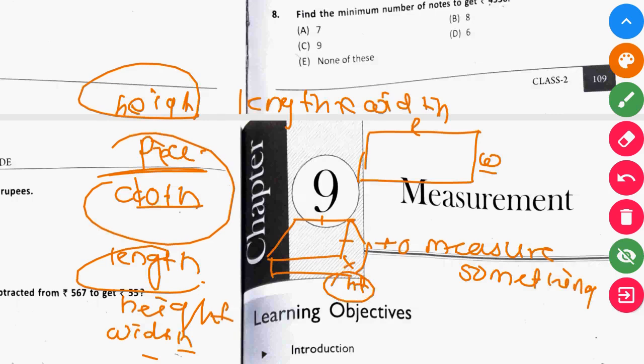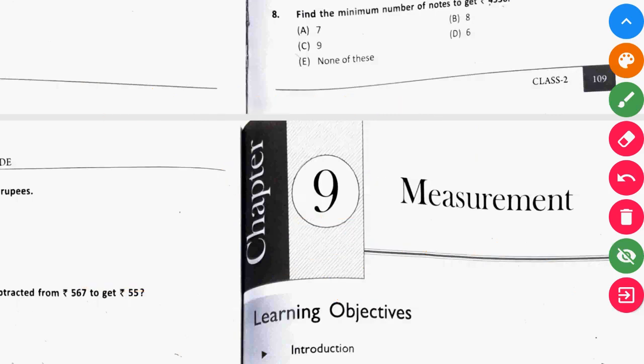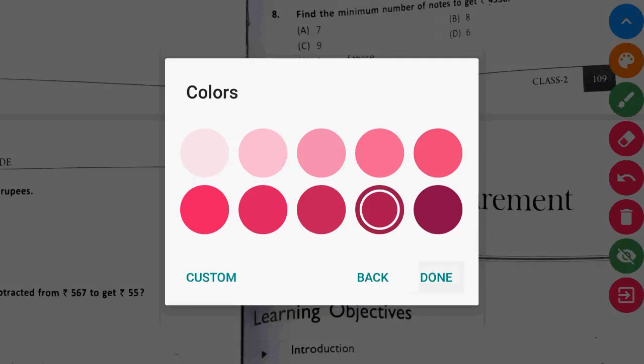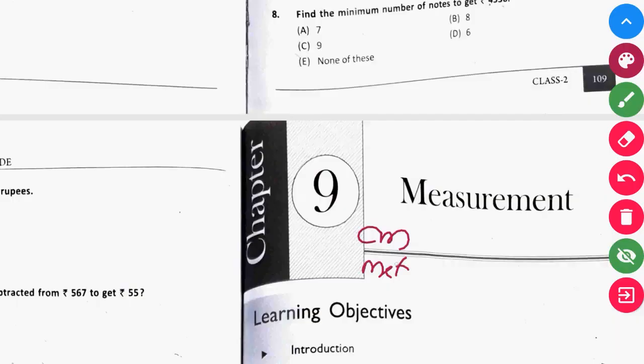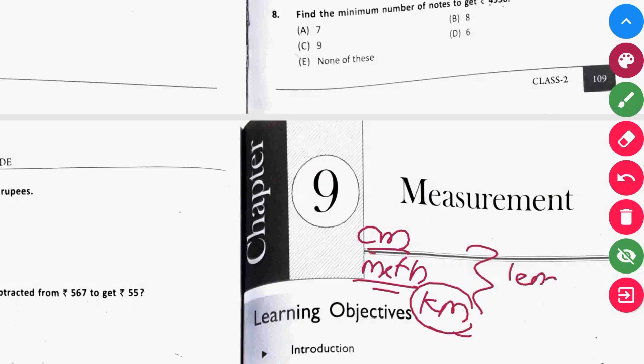So to measure something is known as measurement, and we use different parameters to measure length, width and height. We use parameters like centimeter, meter, and kilometer to measure the length, height or width of something.